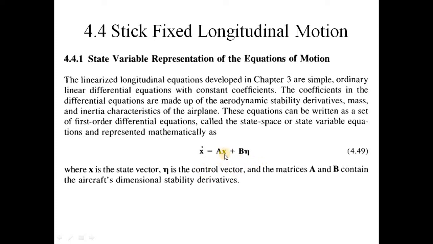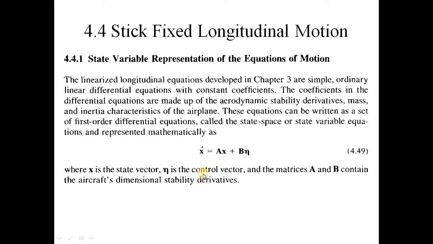I think you know what is the meaning of A. The state matrix, x is the state vector, and then B is the input matrix, and u is the input vector. In this case dia tak panggil input, dia panggil control vector. Because why control?